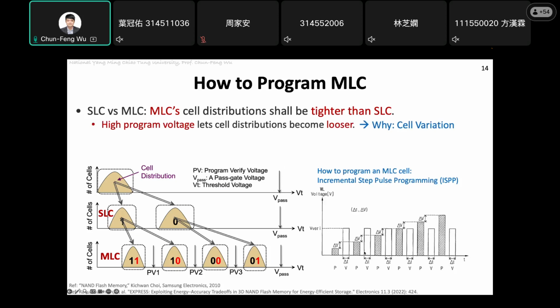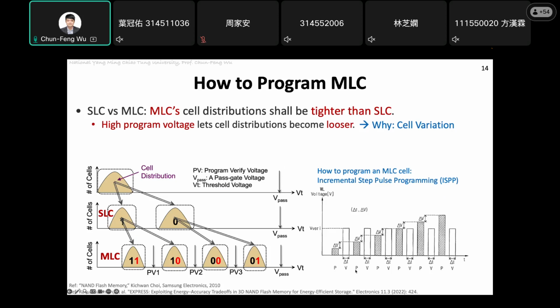What is ISPP? We say incremental step. Each time the SSD controller will apply a pulse, where P is called program, V is called verify, and the y-axis is the voltage value. At the very beginning, we give a small voltage value, and then we start to incrementally increase it.